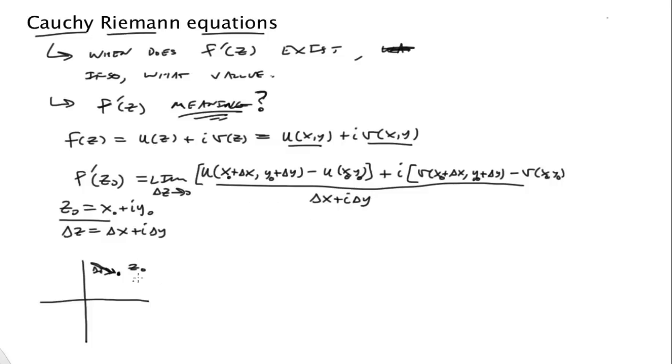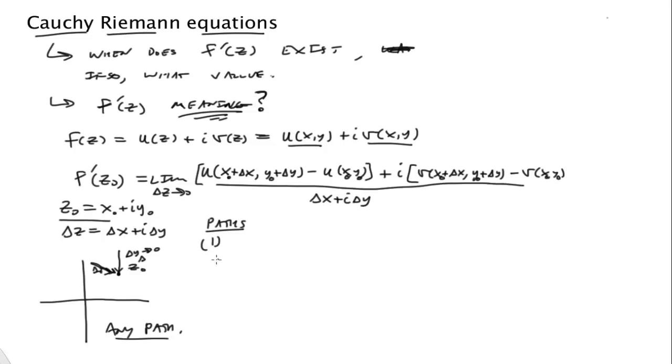And the idea is that it should work on any path. So as we've done before, we usually like to pick two candidate paths.